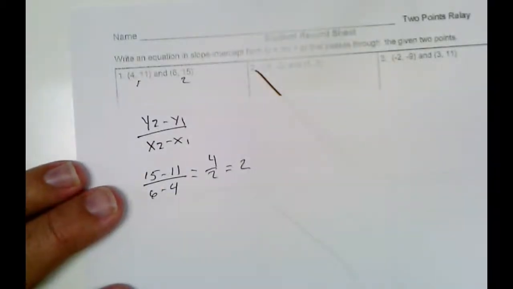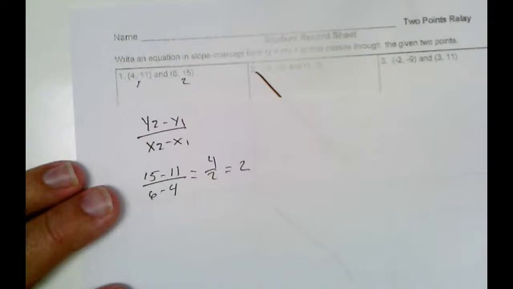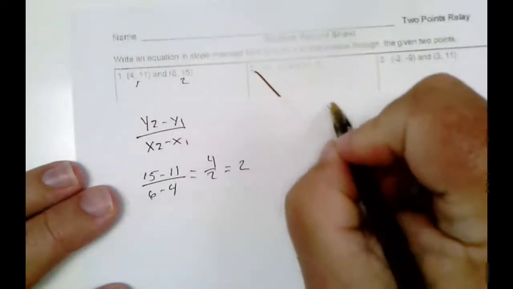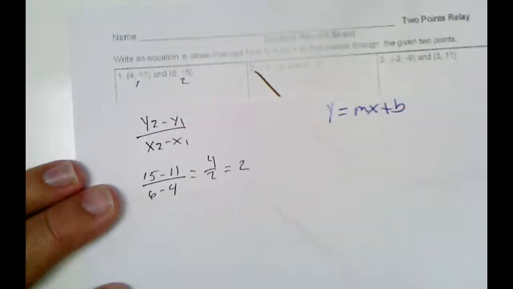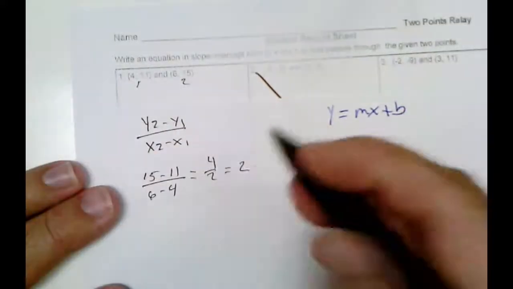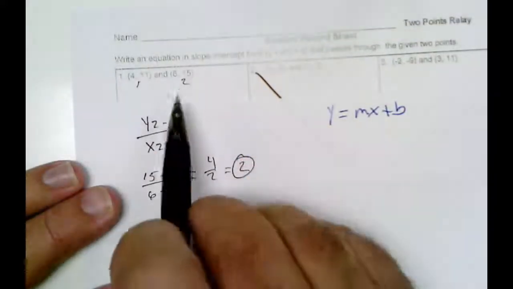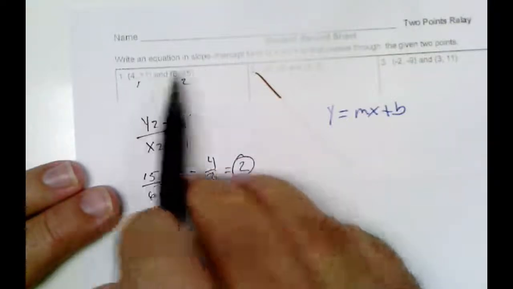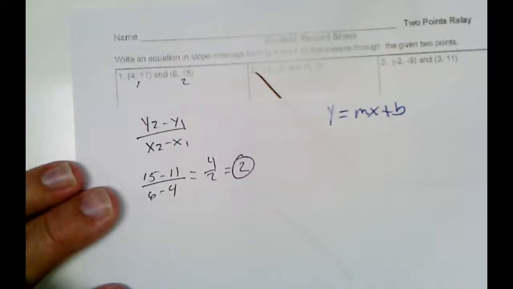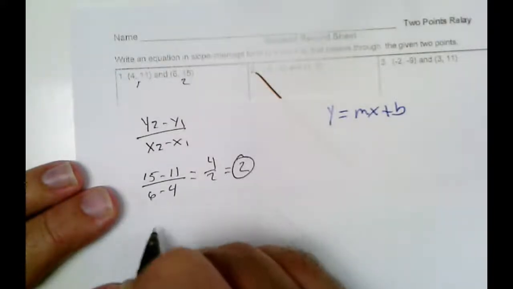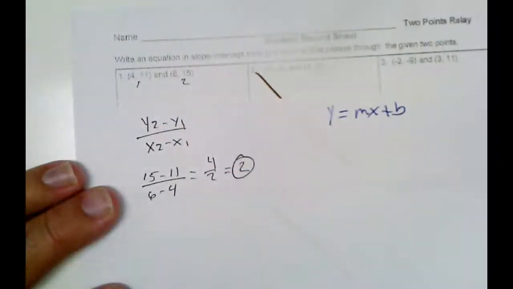I know that I want my equation to be in y equals mx plus b form. So I've calculated my slope. Now I'm going to choose one of these points to substitute for x and y so I can calculate my b. So I'm going to choose the point 4, 11.